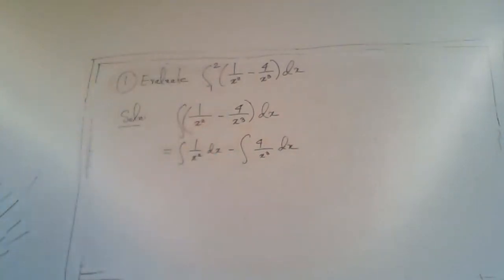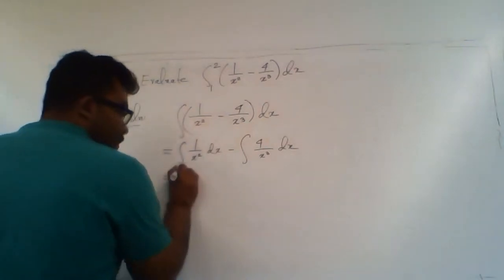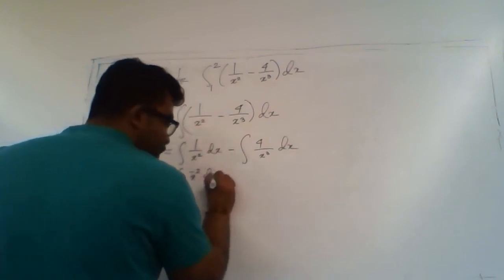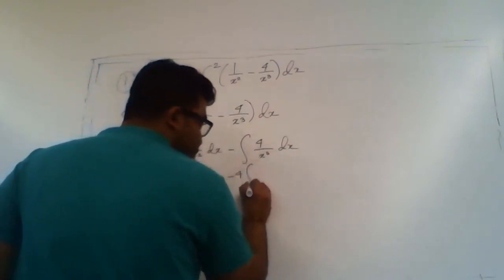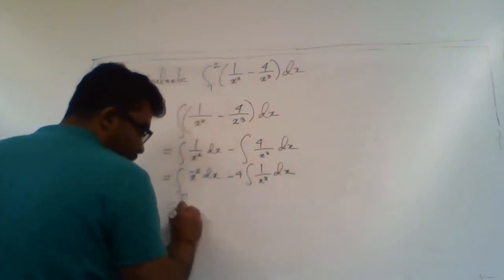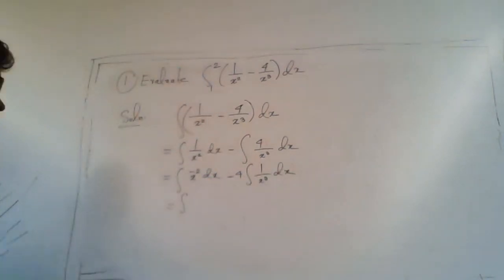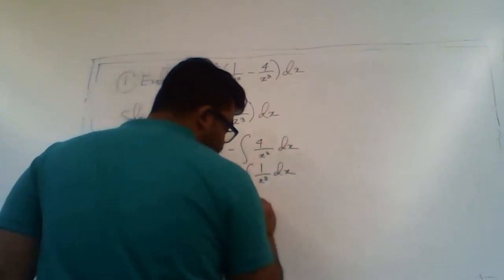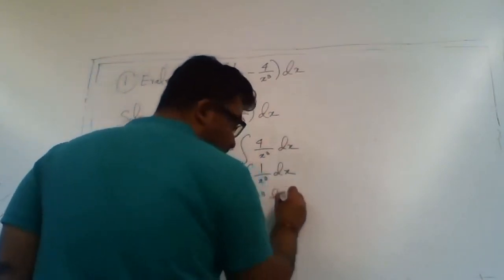Then the first one, 1 by x square, is x to the power minus 2. Constants can be taken out. You are left with 1 by x cubed dx. Now you get integral x to the power minus 2 dx minus 4 integral x to the power minus 3 dx.